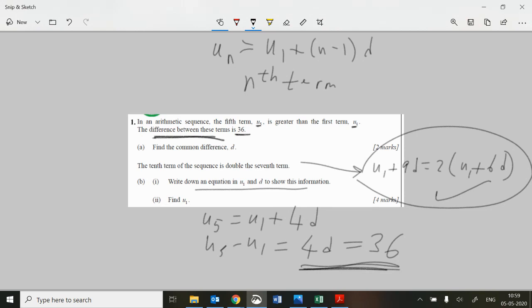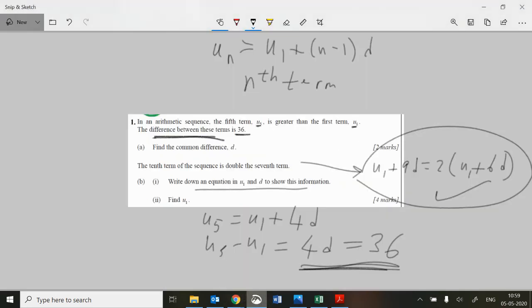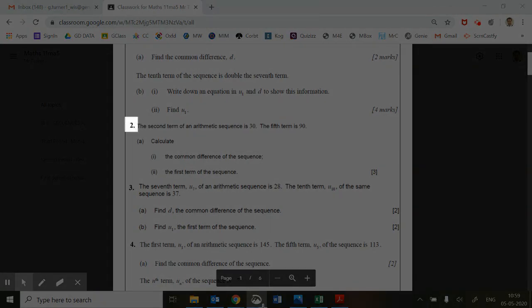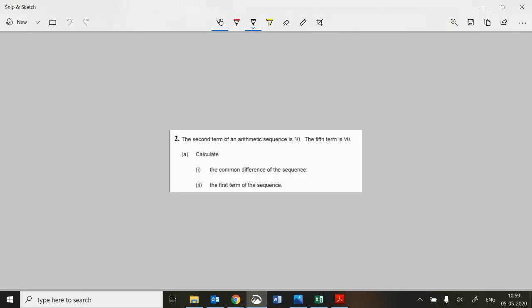Okay, let's have a look at the next question then. Question 2. The second term of an arithmetic sequence is 30. So we've got U2 equals U1 plus 1 lot of d, because n minus 1 is going to be 2 minus 1 in this case.